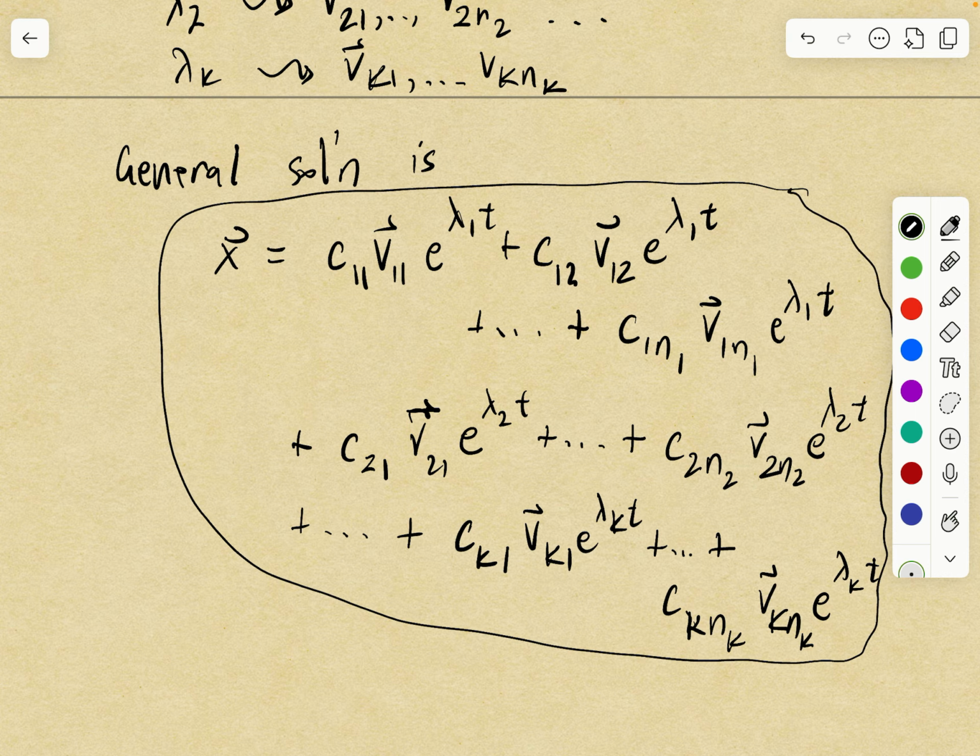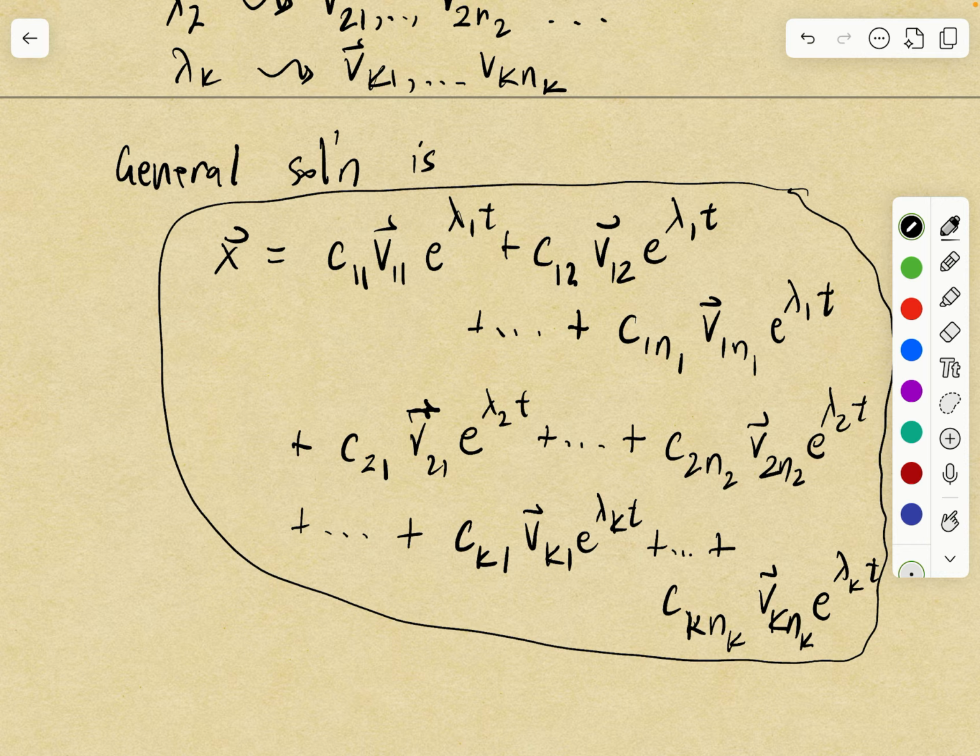Does that make sense? Your first eigenvalue λ1, let's say it has n1 independent eigenvectors. Then for each of those eigenvectors, you have a solution. And for the second eigenvalue λ2, let's say it has n2 linearly independent eigenvectors, then you just have an e to the λ2t for each of those eigenvectors, and you repeat until you get to the end.